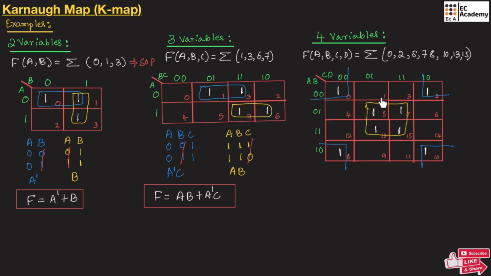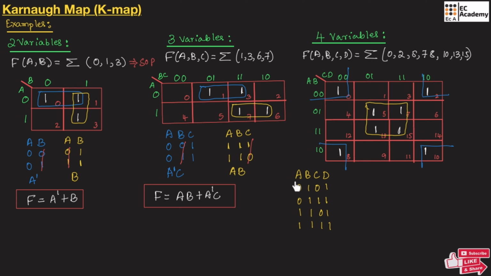Corresponding to this group, we write the values for A, B, C and D. For this one, the value will be 0, 1, 0, 1. For this one, 0, 1, 1, 1. For this one, 1, 1, 0, 1. And for this one, 1, 1, 1, 1.